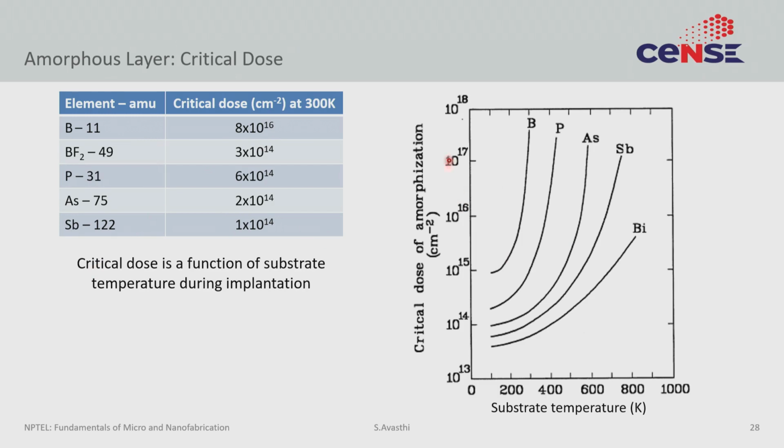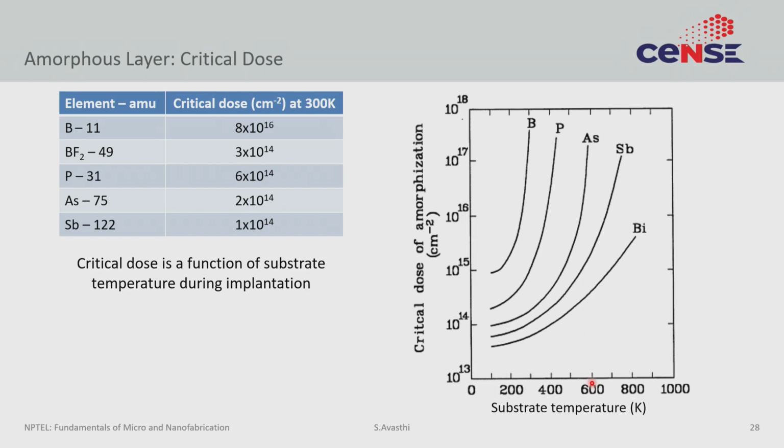This critical dose actually also depends upon substrate temperature. So, this is the substrate temperature not for the anneal later, but during the implantation itself. If you do the implantation at higher temperature, then some of the damage gets annealed during the implantation itself, and that is bad because that increases the threshold of amorphization.